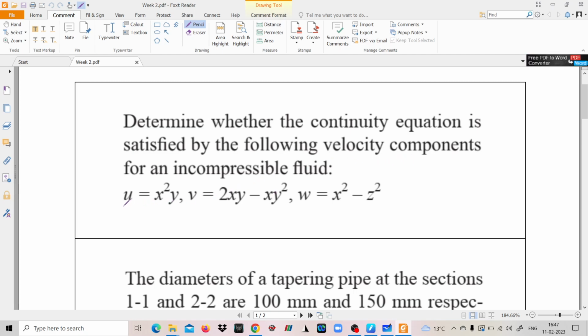Three velocity components are given to you: u is x squared y, v is twice xy minus xy squared, and w is x squared minus z squared. So for this u, v, and w, you need to check whether it satisfies the continuity equation or not for an incompressible fluid. Please try this problem for some time, then we will discuss the solution also, don't worry.